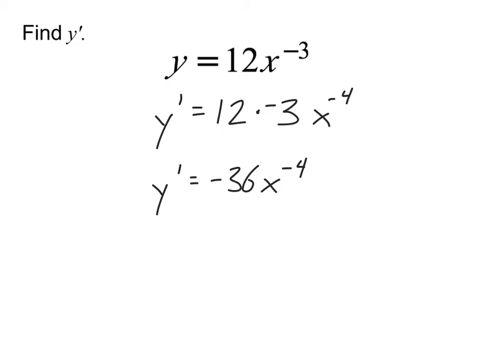Now we're okay stopping there for this problem. You don't need to simplify it because our original had a negative exponent in it. Since our original had a negative exponent, your answer can have a negative exponent as well. If, however, the original was written as a fraction, so in that case it would have been 12 over x cubed, then you would, in that case, turn this into negative 36 over x to the 4th.